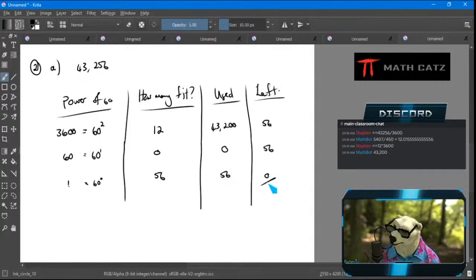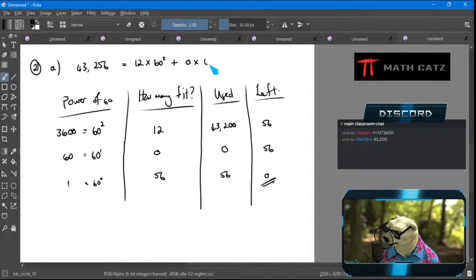Using all of them, and nothing's left. So that then tells me that up here, the original quantity can be split up as 12 groups of 60 squared plus 0 groups of 60 plus 56 left over. So all we have to do is convert that to our three-place Babylonian number system.